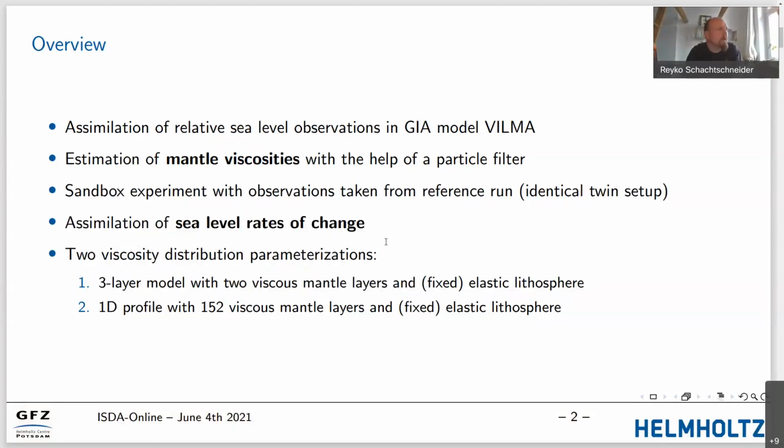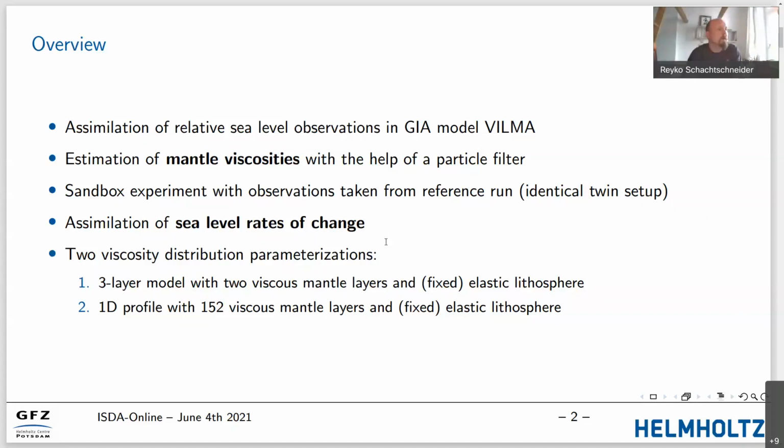This research is done as a sandbox experiment where observations are taken from a reference run in an identical twin setup. We assimilate sea level rates of change because sea level observations only give relative data, and the rates of change are independent of the absolute values.